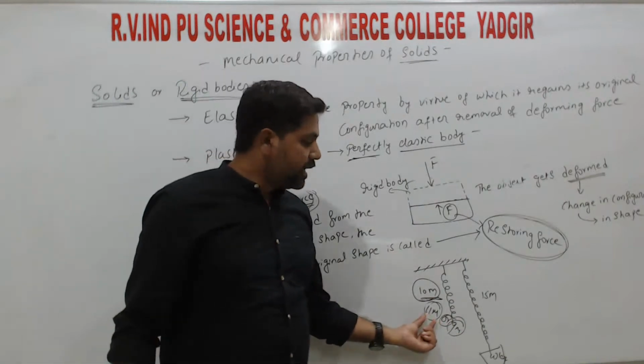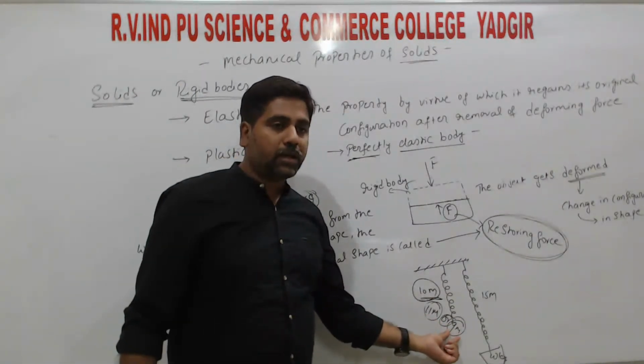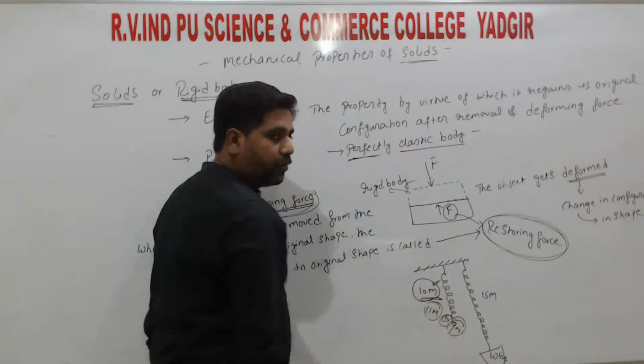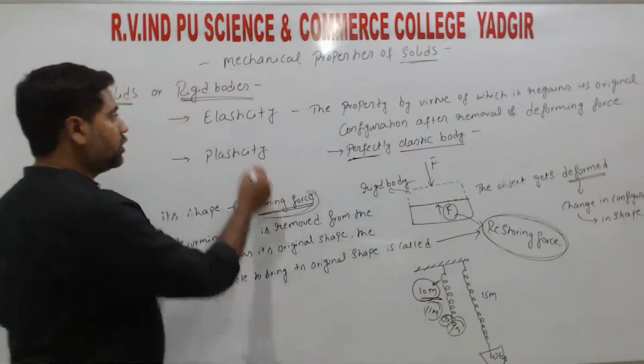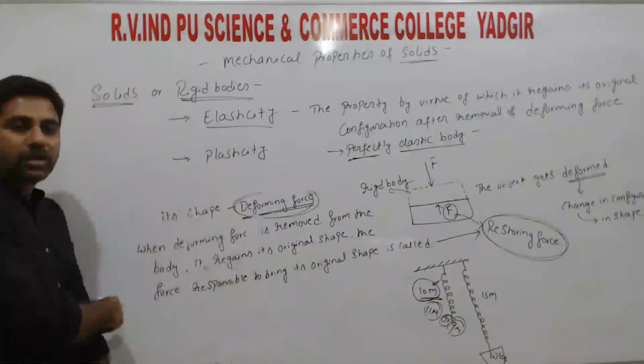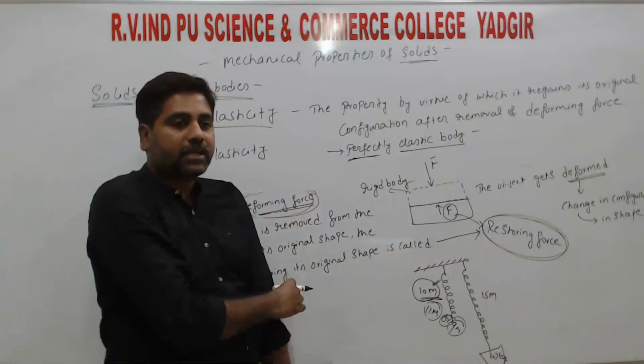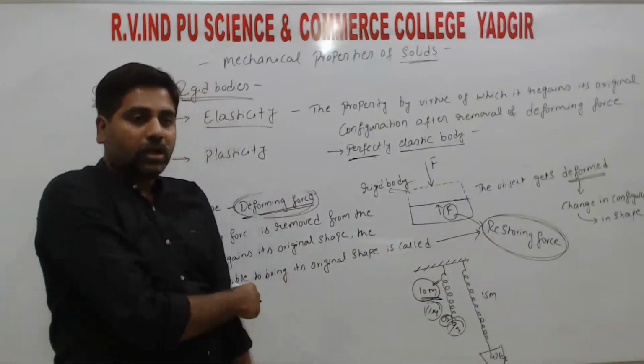So we are not getting exactly 10 meters, right. We call that an elastic body. In nature we do not get exactly 100% elastic bodies, right.